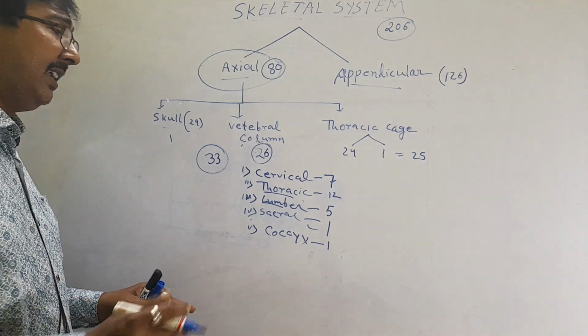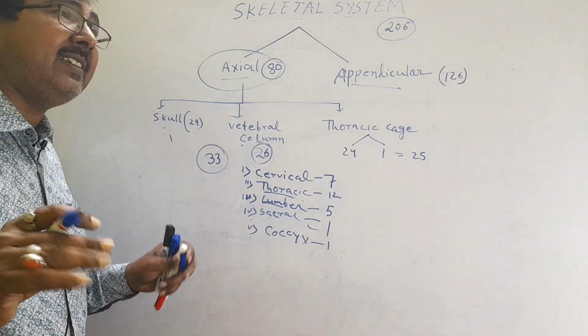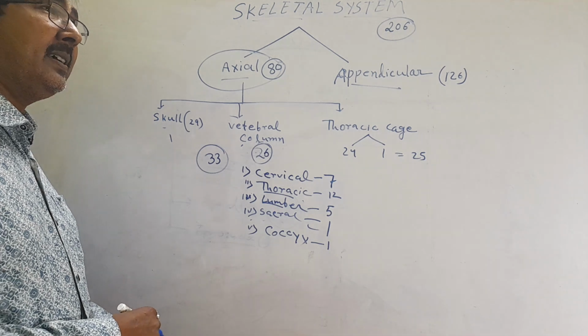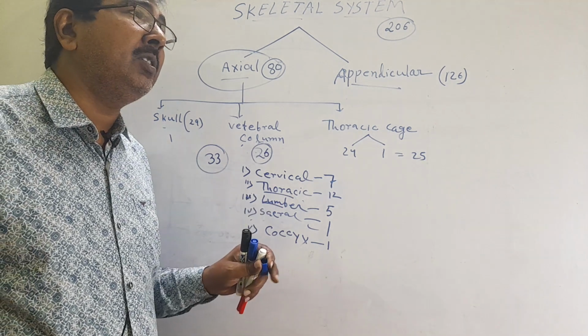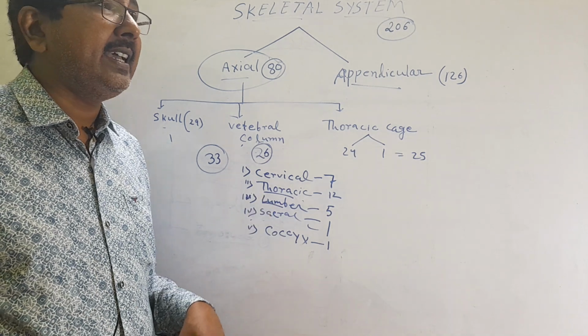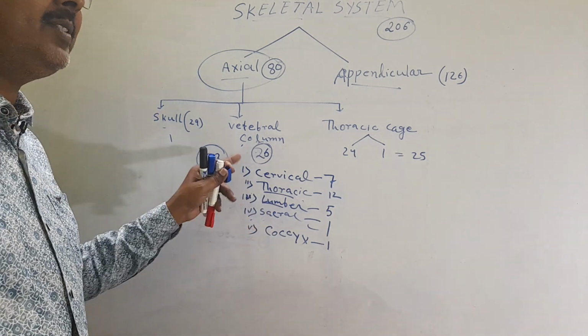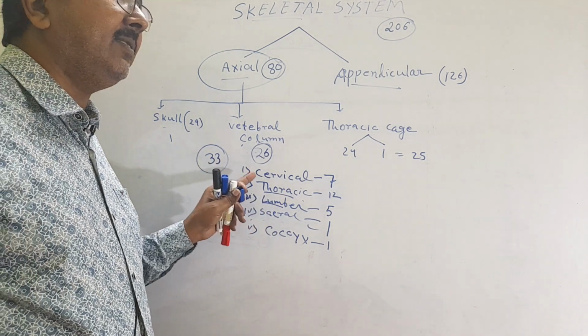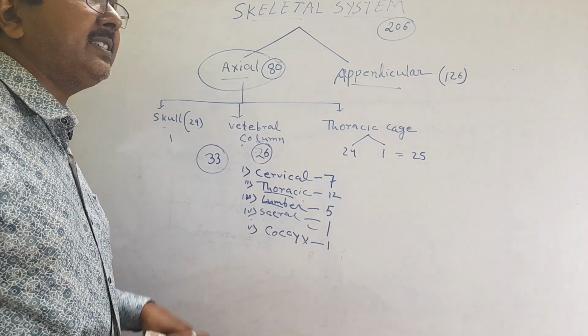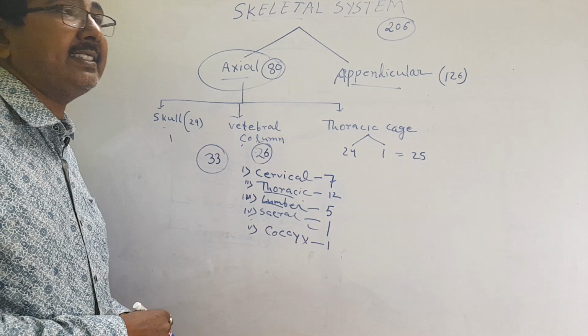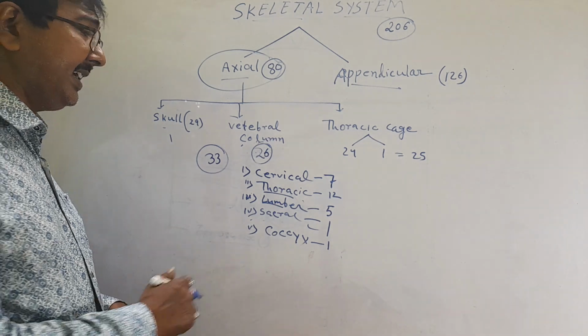And the vertebral column has a special feature. The vertebral column is also known as the backbone or spine. It extends from the skull. And each vertebral bone has a special feature. It's a ring-like structure.